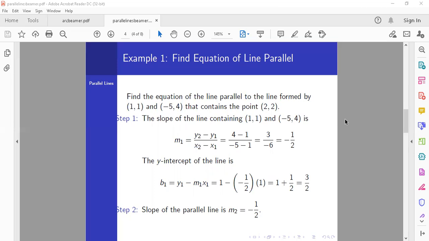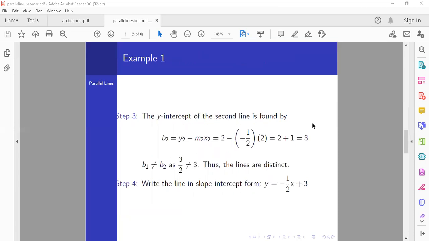Now, the parallel line has to have the same slope as the original line, so that slope is also negative 1/2. The y-intercept of the second line is found again by the formula, y coordinate minus slope times x coordinate. But remember to choose the x and y coordinates from the point that the parallel line has to go through, which is our (2, 2) point.